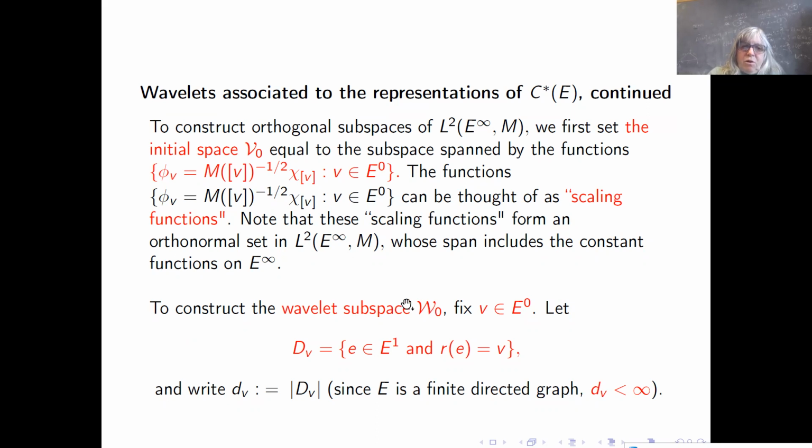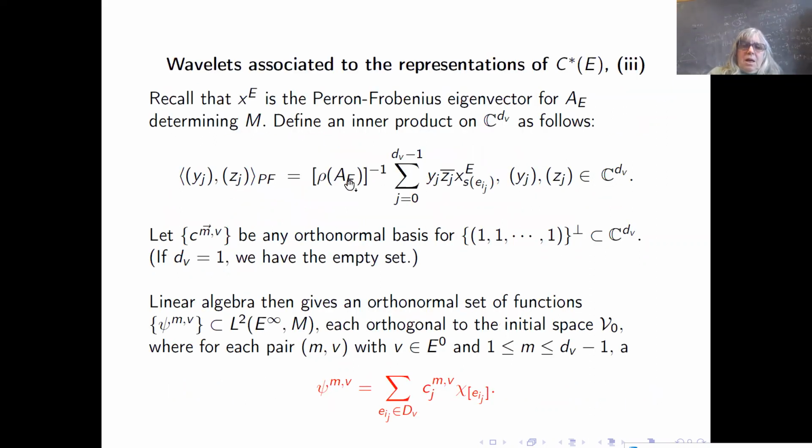They span V0. Now to construct the so-called wavelet space W0, you first fix a vertex v in E0, then let d_v be the edges whose range is v, and let little d_v be the cardinality of big d_v. And now we're going to construct an orthonormal set for each d_v. And remember, we have our Perron-Frobenius eigenvector.